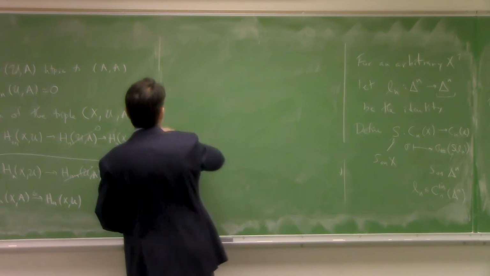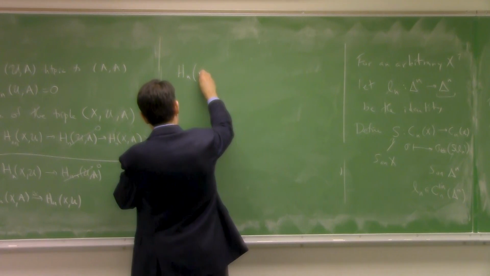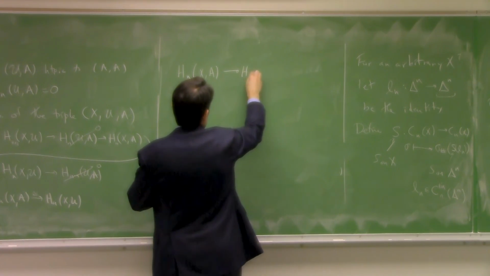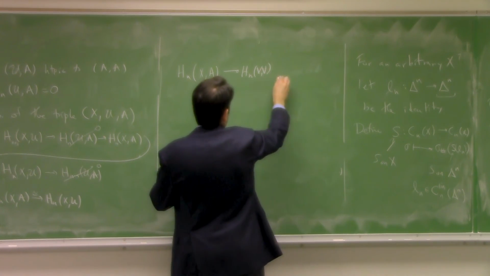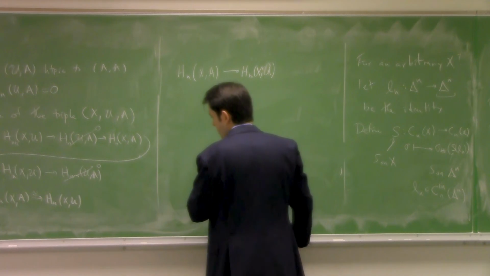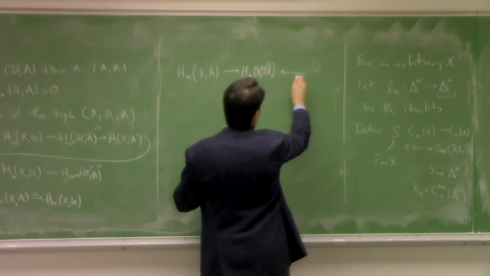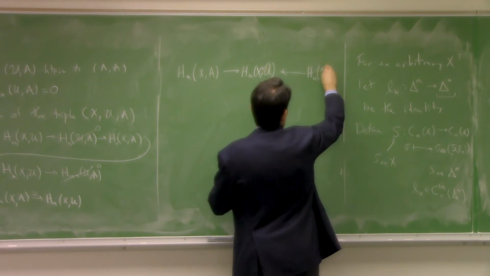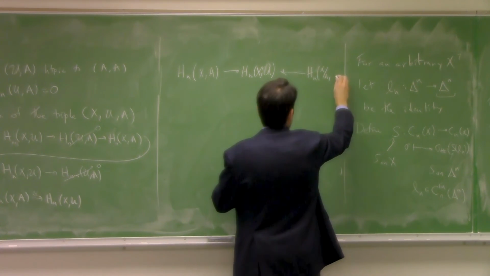So in this diagram, we have H_n of (X, A) that maps to H_n of (X, U). There's no V, there's U. And on the other hand, we can map there from H_n of (X mod A, U mod A).